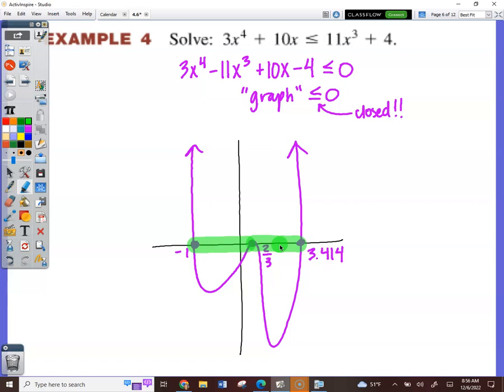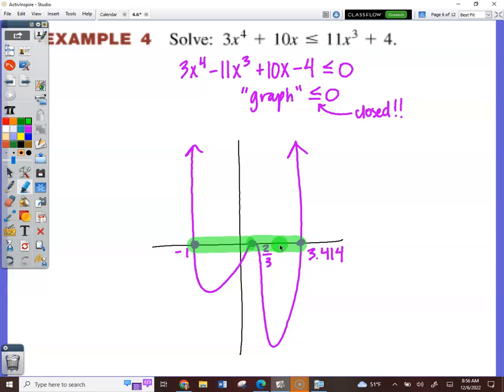So does the 2/3 matter? No, because it's also closed. Now, whoa, let me back up. Does the 2/3 matter? Maybe that's not the right question. Check the note to yourself if it was open or closed. Because if it was open, what would you have to do on the 2/3? You'd have to skip over it, right?